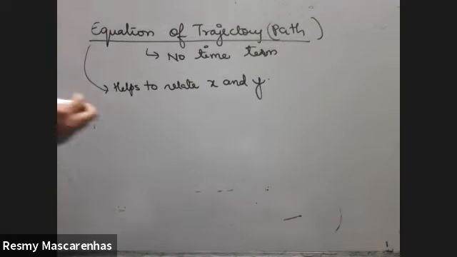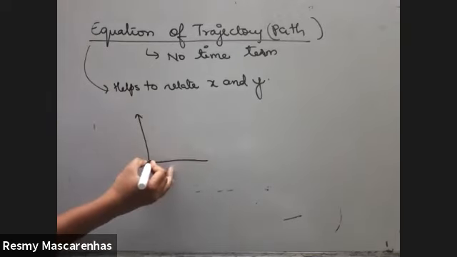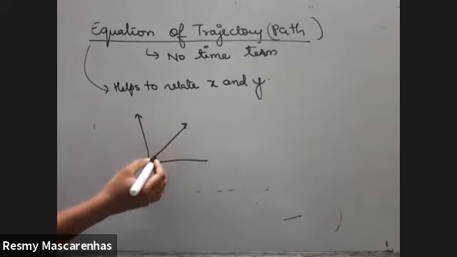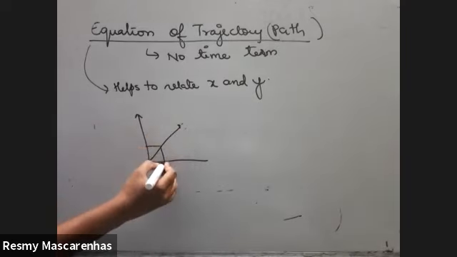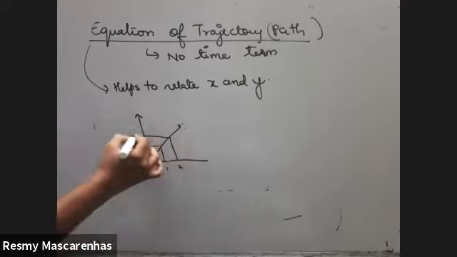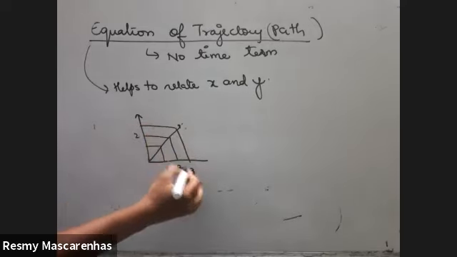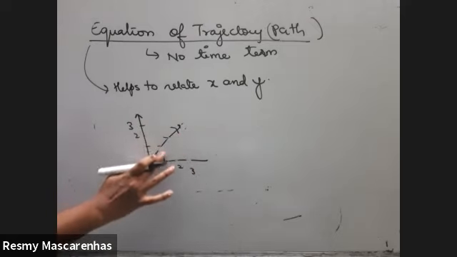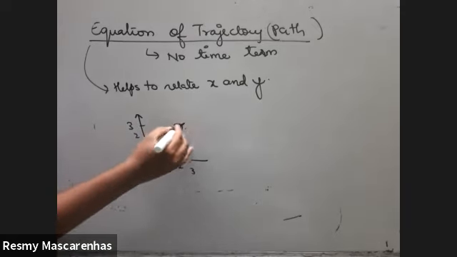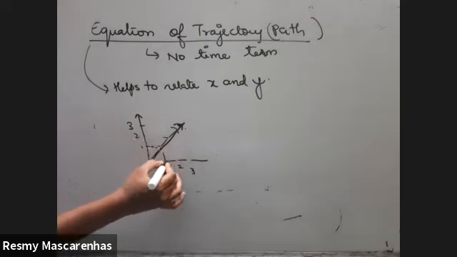It means what? Suppose I have a path like this. These are dotted, okay? This is the path. I just want to see what is the relation between x and y.